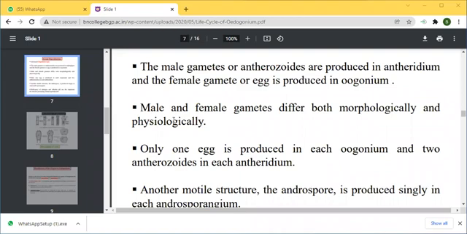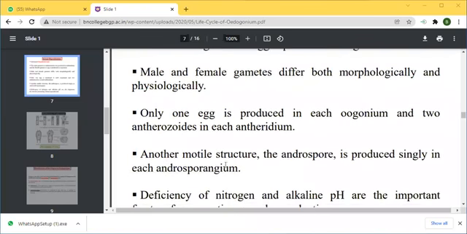Only one egg is produced in each oogonium, but the antheridium produces two antherozoids. Another motile structure is the androspore, produced singly in an androsporangium. Each and every androsporangium produces a single androspore.